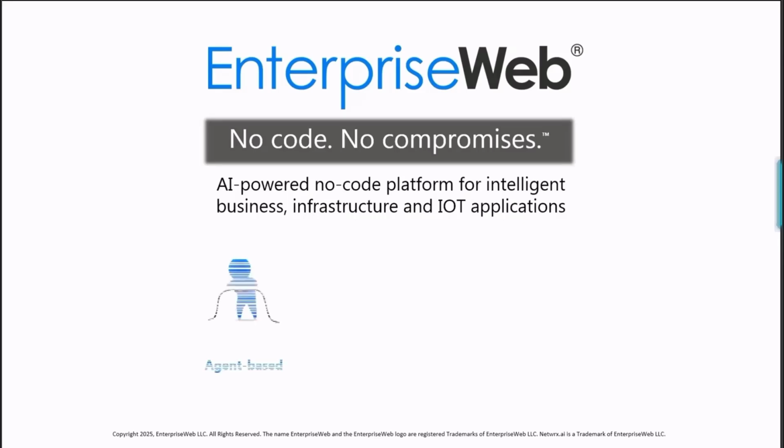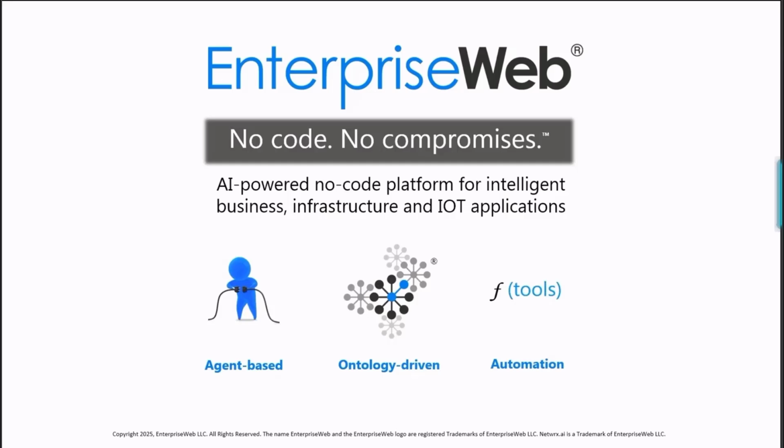So EnterpriseWeb itself is agent-based, ontology-driven, and we use serverless tools. At the core of our IP, we use agents that self-organize around and respond to every event and request of the system. And these agents use an ontology, and we're going to explore that in great detail, but they use the ontology as opposed to just using an LLM, which is not a great source of intelligence.